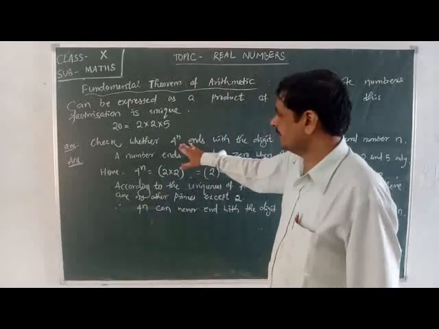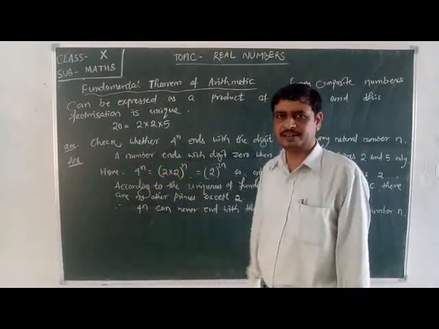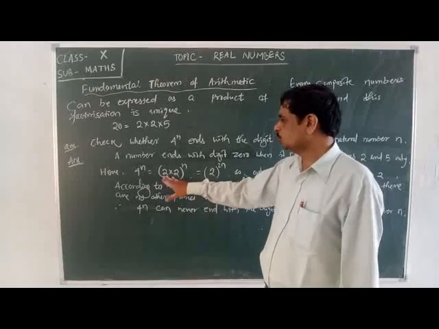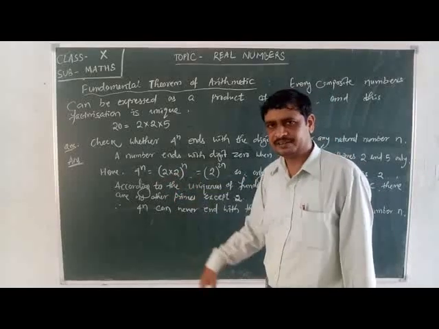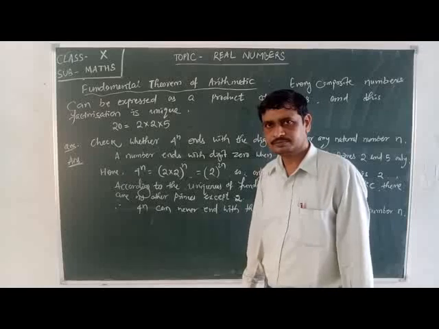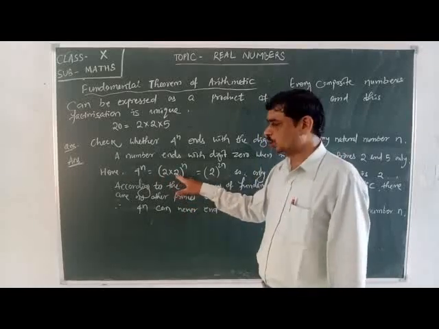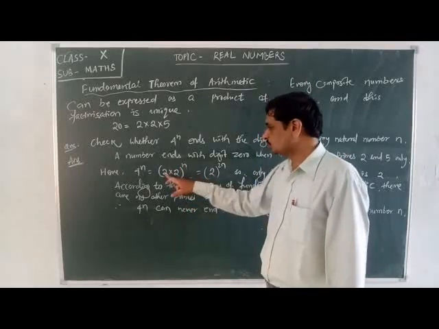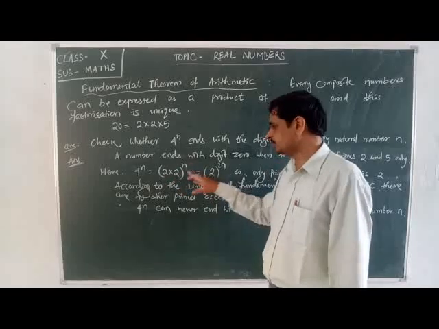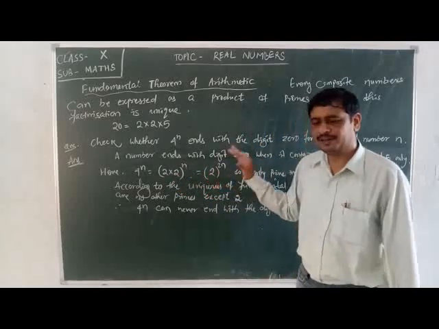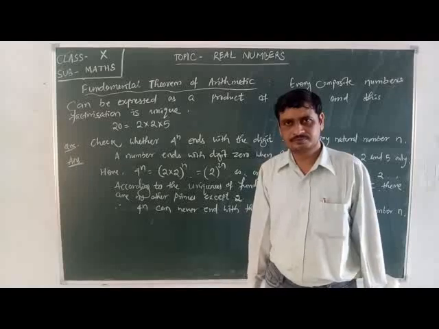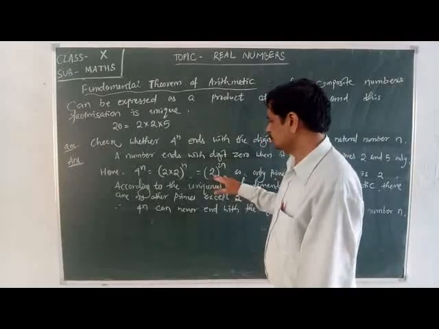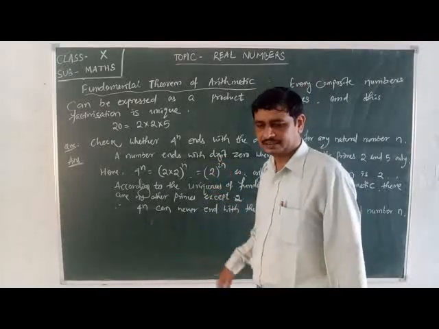When we factorize 4 to the power n, we get (2 into 2) whole to the power n. That gives (2 square) to the power n, and this gives 2 to the power 2n.